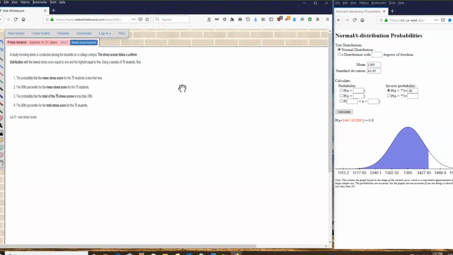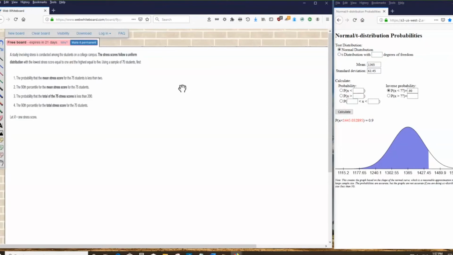So a study involving stress was conducted among students on a college campus. The stress scores follow a uniform distribution with the lowest stress score equal to 1 and the highest equal to 5.